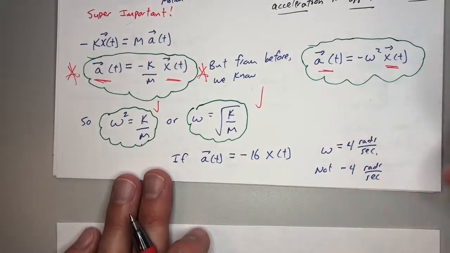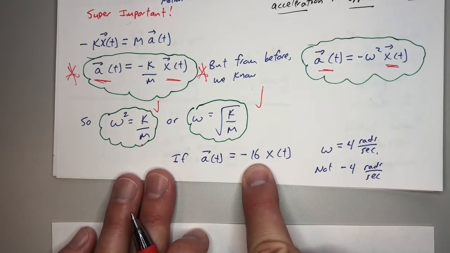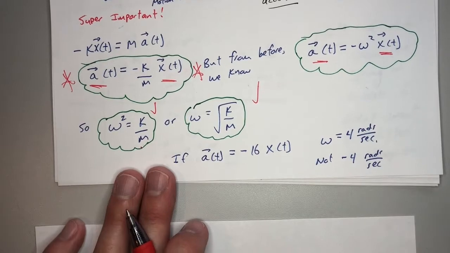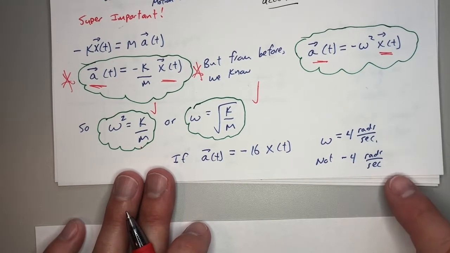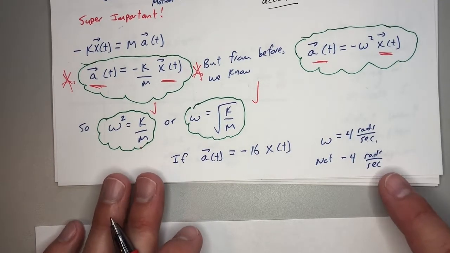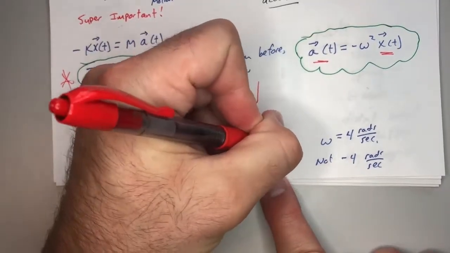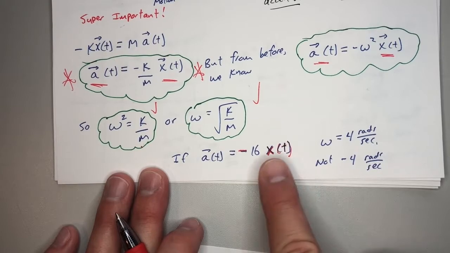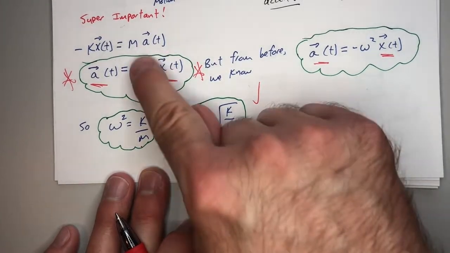So just to show this, if 16 equals omega squared, because it's the number in front of the position function, that means omega is 4. And a lot of people are like, oh, there's a negative. No. The negative is part of the whole form of the deal there. Whatever number is in front of your position function, that is your omega squared, or it's your k over m.